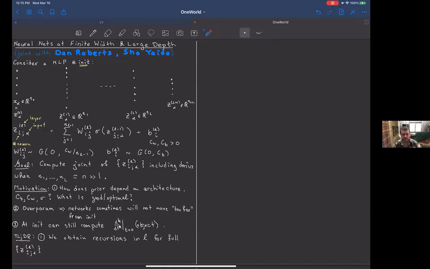So we can do the NTK as well, but let me just be precise about that. Okay, so I freeze the layer index L, but I study all the neurons in the layer, and I study all the inputs that I'm interested in, maybe my entire training set or my training and test set or whatever I'm interested in. Okay, so we can get recursions in L. So at all orders in 1 over the width.